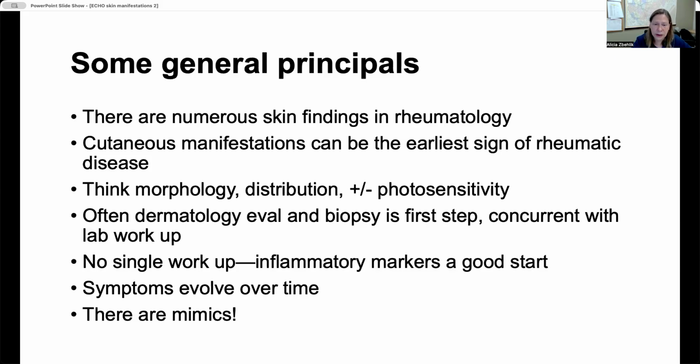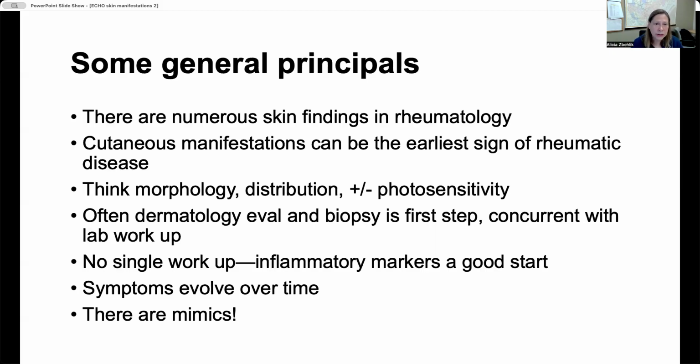And for us, it's very important whether the rash is photosensitive or not, because that can help us narrow down what the diagnosis is. And often, if it's a rash that people are being referred to, it can be helpful if dermatology sees them first and sometimes gets a biopsy. They're so good with pattern recognition that they don't always need a biopsy for diagnosis, but as a first step, often they can help direct us.